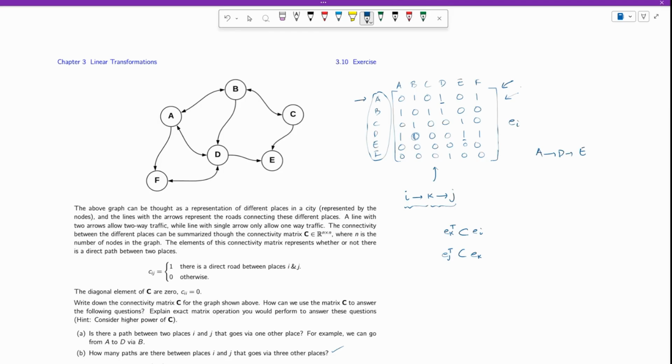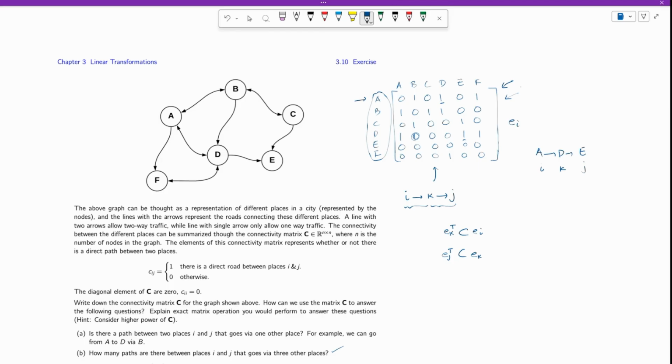How do we find this out algebraically for any case? If you're given I, K, and J, you simply have to see if the elements Cik and Ckj are both 1. If the product of the two is non-zero, there is a path; if the product is 0, then there is nothing.